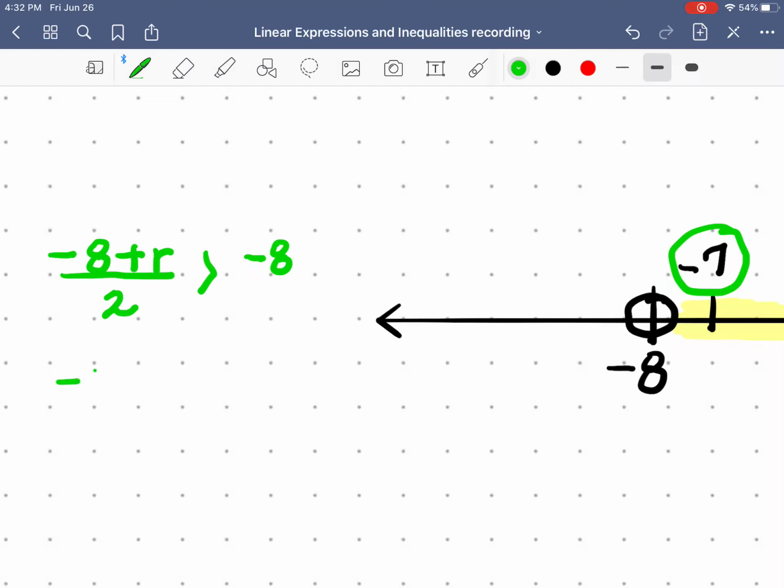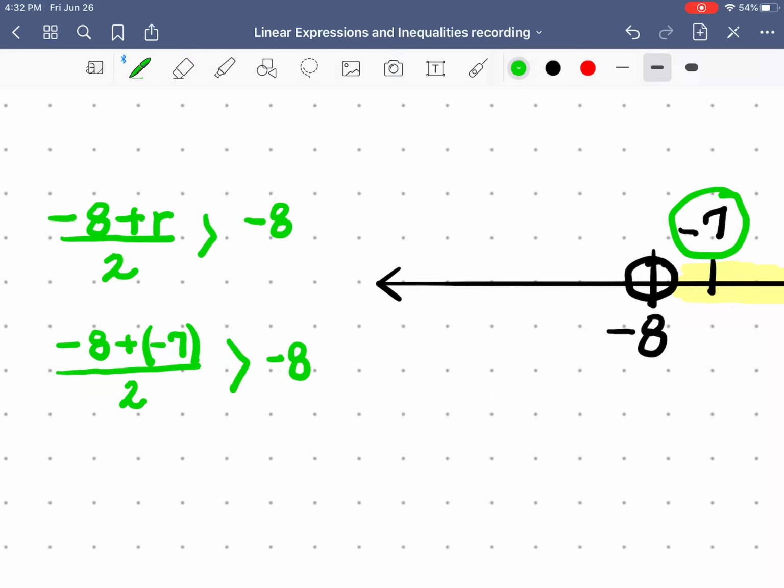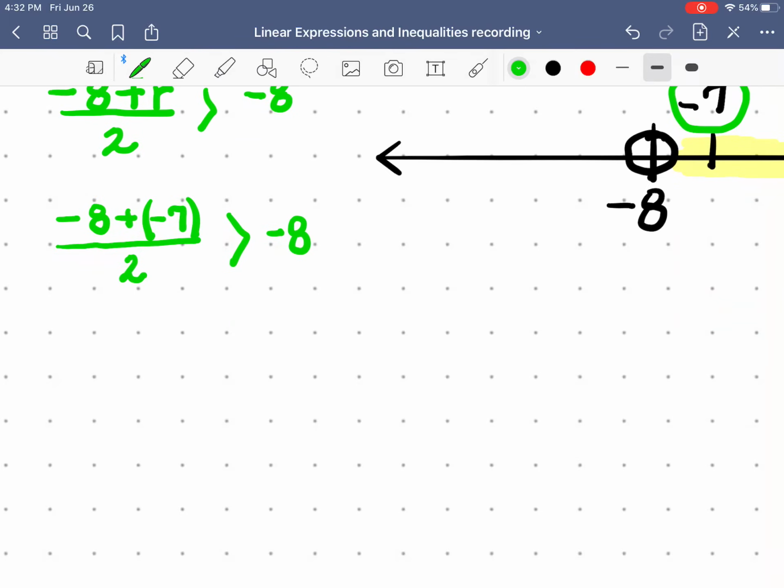So I have negative 8 plus negative 7, and I like parentheses because I have a plus and a minus sign back to back, over 2, and that's all supposed to be greater than a negative 8. So the top comes up to be negative 15 over 2 is greater than negative 8.